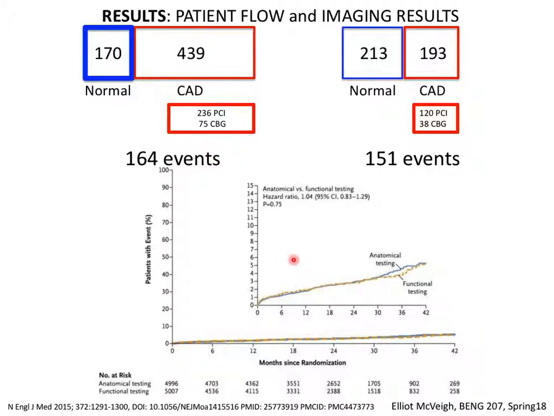Specifically, they only went out to, I think, where did the numbers really drop off? About 24 months, right? So it's a really interesting study. It is a negative study in the sense that the two event rates are similar.